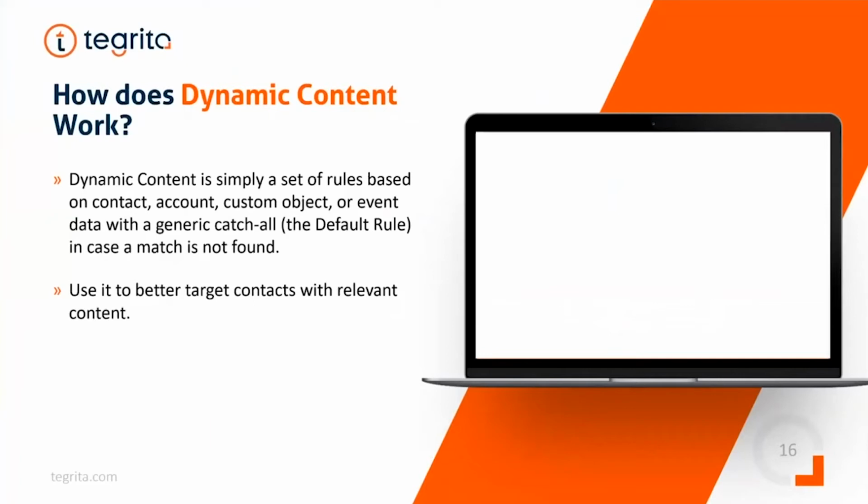So, how does dynamic content work? Well, it's actually a really simple concept, and I'll jump in Eloqua in a little bit to show you guys a simple example. But it's just a set of rules. So you create the logic behind those rules, a lot like you would do in a segment or in just a shared filter in Eloqua, using and and or logic, and you can use a lot of different objects and fields in your dynamic content.